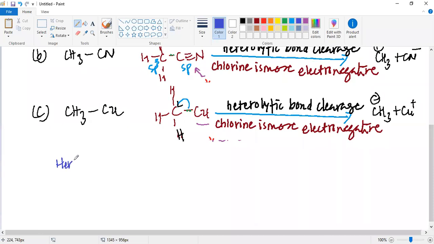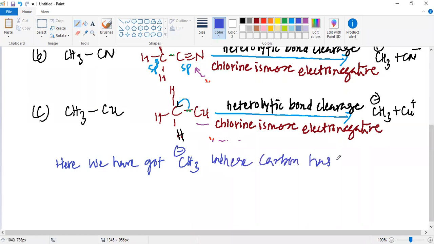Here we have got CH3 minus, where carbon has a negative charge on it.